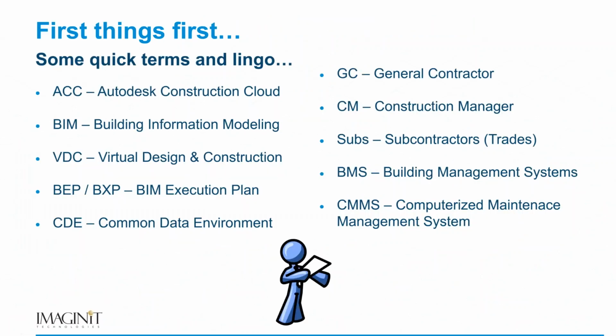And so really briefly here, what are some of the things that we're going to talk about? The ACC, that's just the Construction Cloud. Building information modeling, you may or may not have come across that. VDC, so if you want to think about building information modeling and VDC, they're kind of two terms in the same space, loosely.